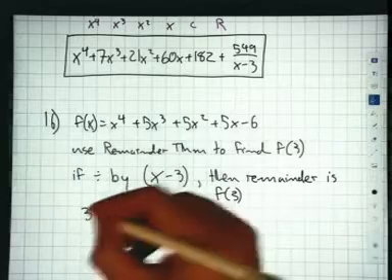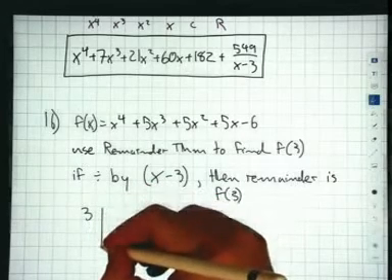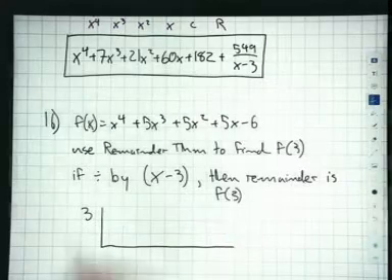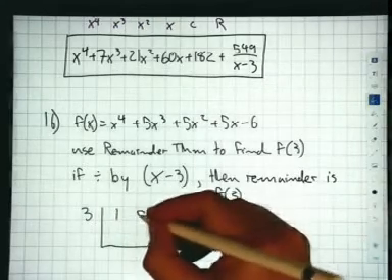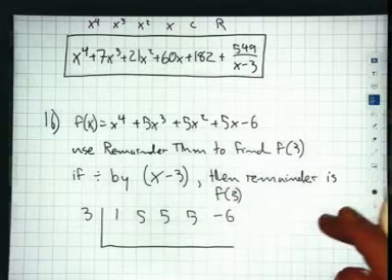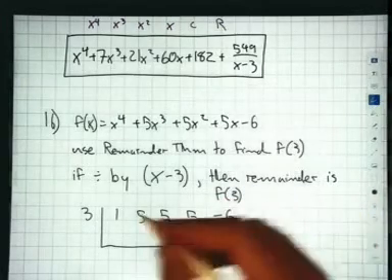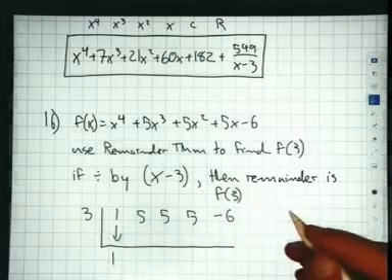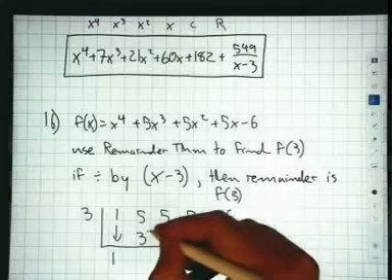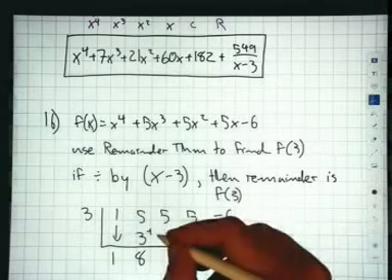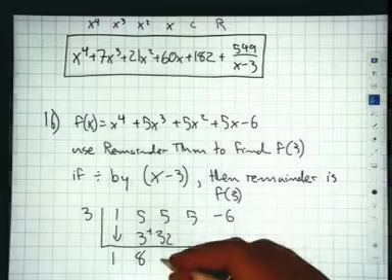So there's our 3. Let's put in our coefficients: 1, 5, 5, 5, minus 6. Bring down the 1. 1 times 3 is 3. Add those together, you get 8. 3 times 8 is 32.